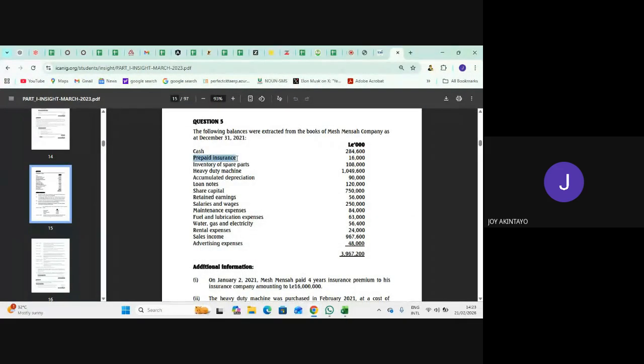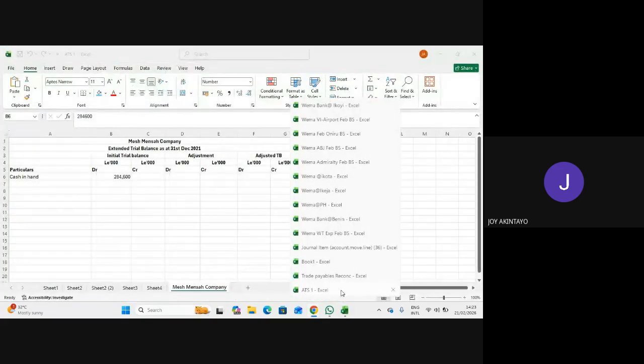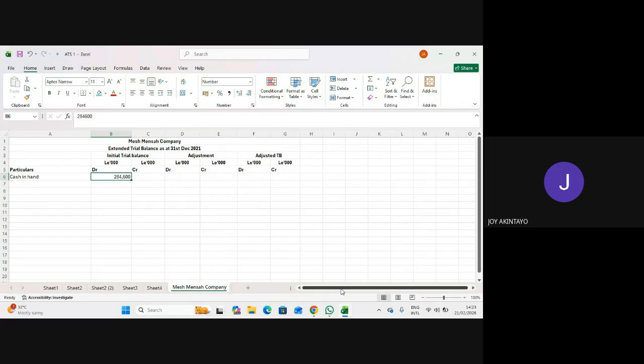Then we also have prepaid insurance. So prepaid insurance, what is it to us? Is it an asset or a liability?